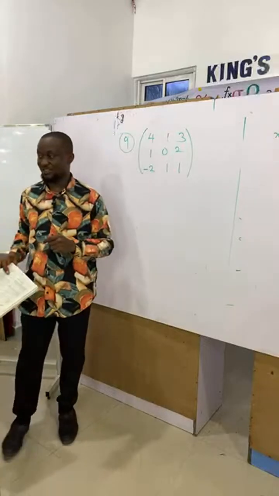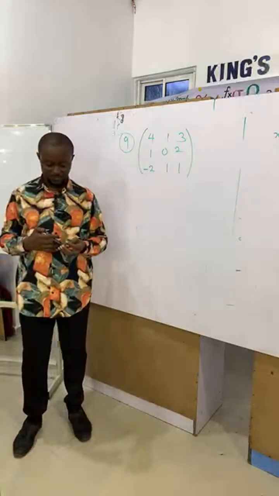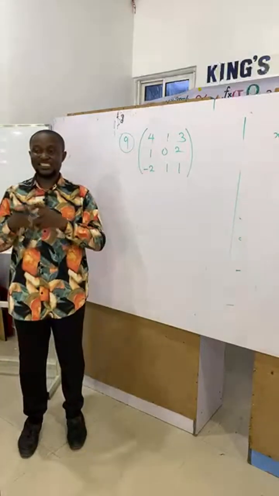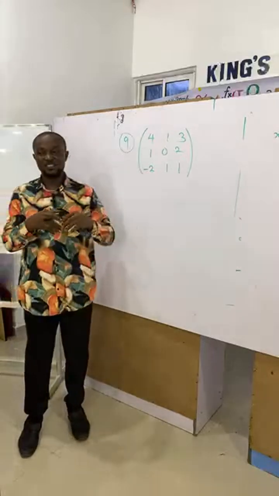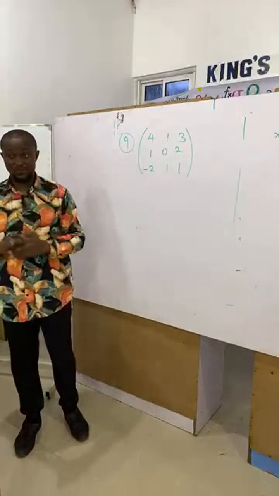Listen to that statement. It said this matrix is a singular matrix. The determinant of a singular matrix is equal to 0. That's the principle you need to understand first.